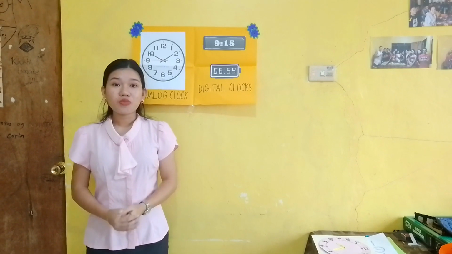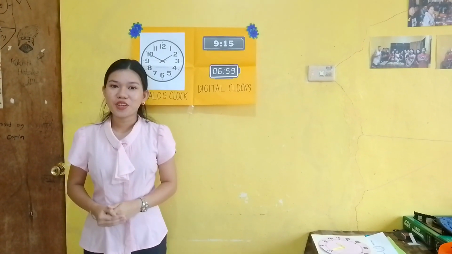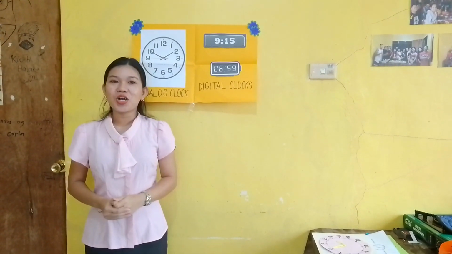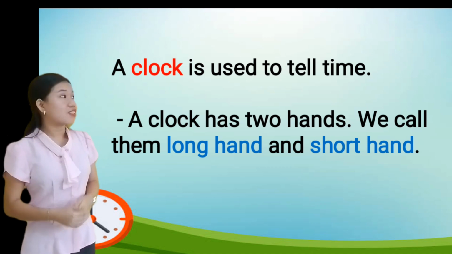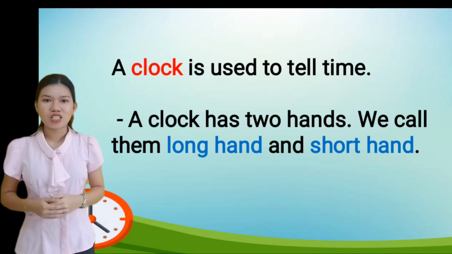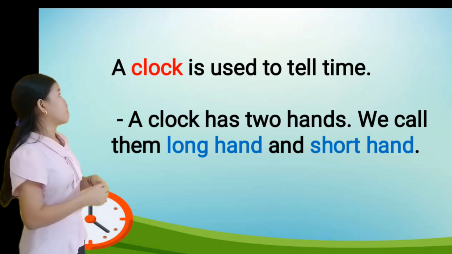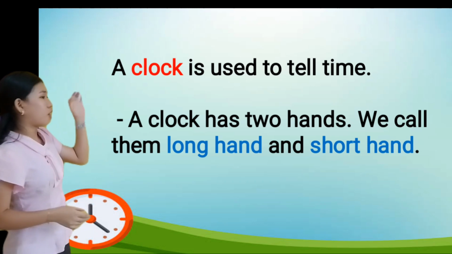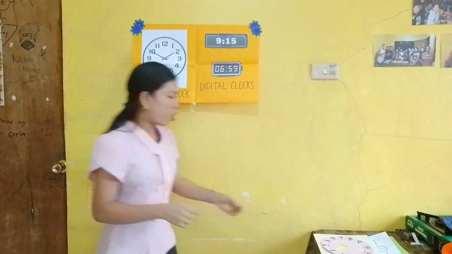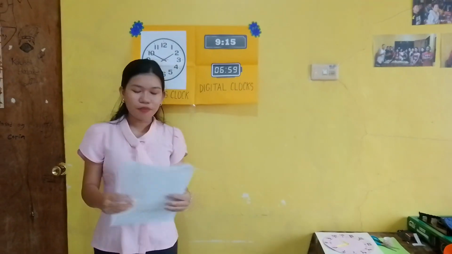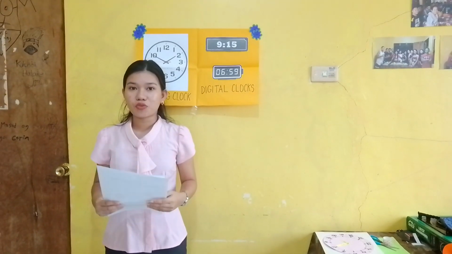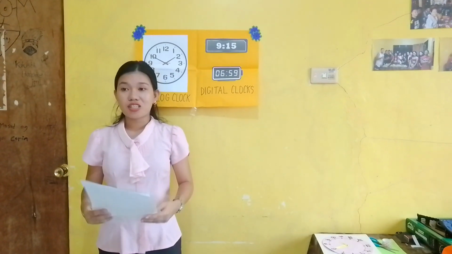Okay, so why do we use clock? Okay, very good. We use clock to tell us time. As I said earlier, a clock has two hands. We call them the long hand and the short hand. So I have here an instructional material for you to understand our topic.